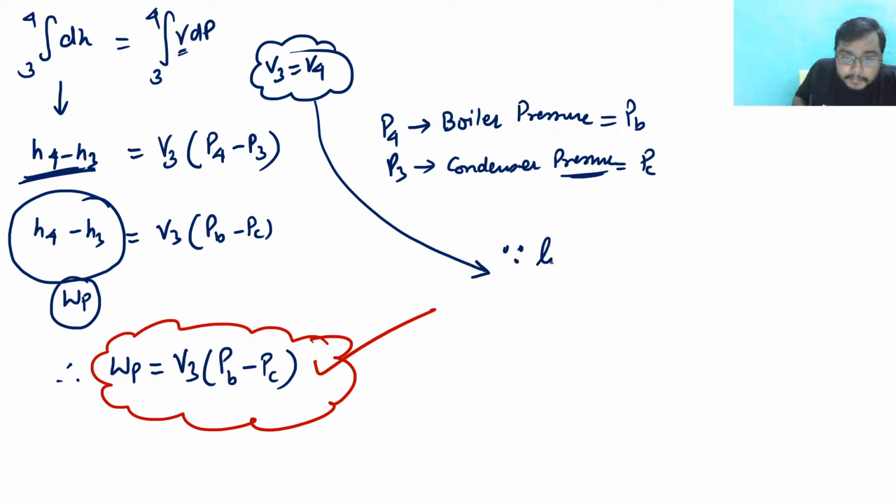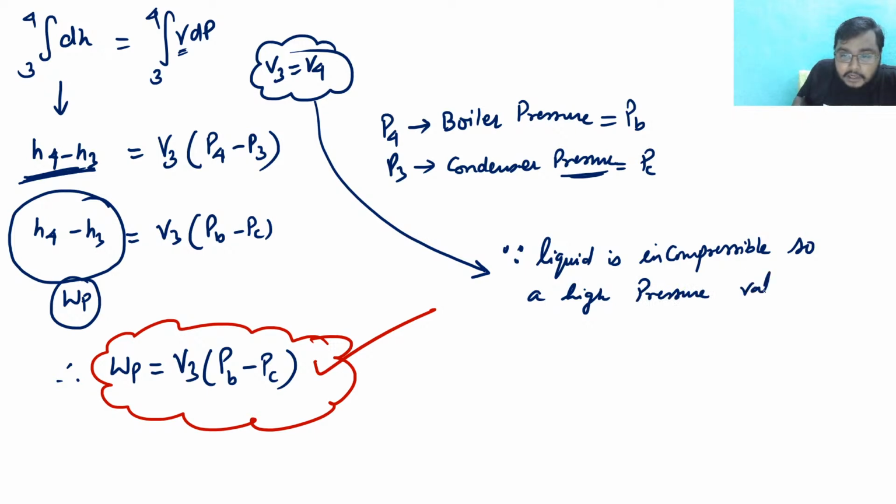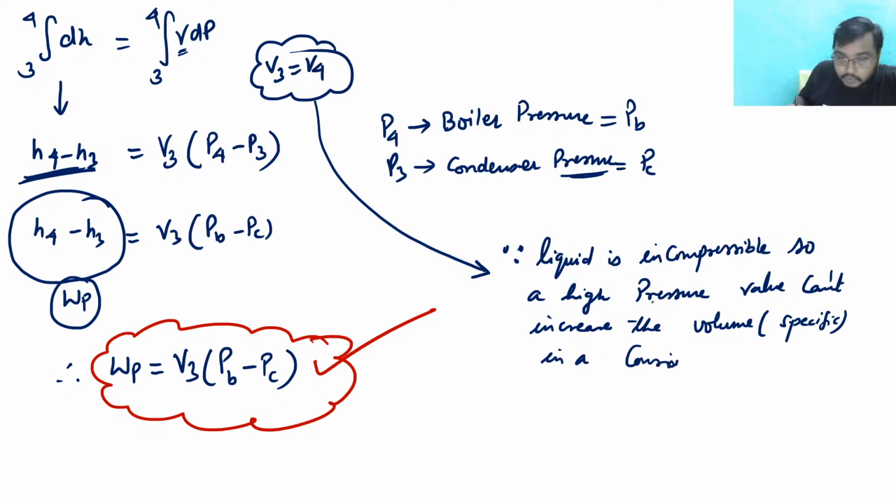Since liquid is incompressible, a high pressure value can't increase the volume, or better to say the specific volume, in a considerable amount.